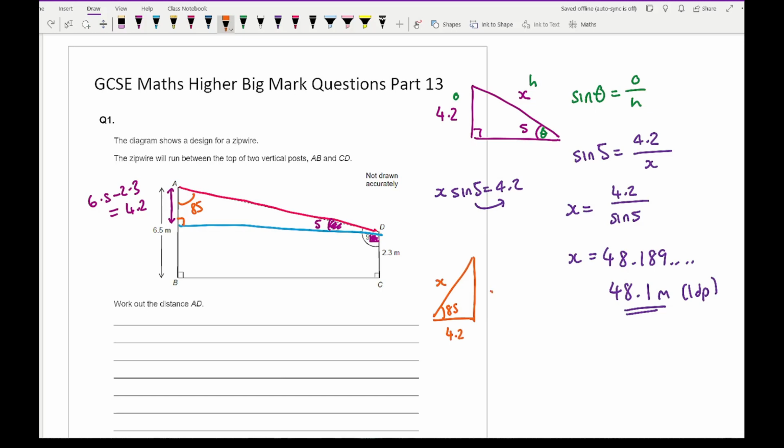So here we've got cos 85 equals 4.2 over x. So if I type in 4.2 divided by cos 85, I should get the same answer. Yes I do, and so that also gives me 48.1 meters to 1 decimal place. So there are alternate methods you could use, and it's entirely up to you which one you go for.